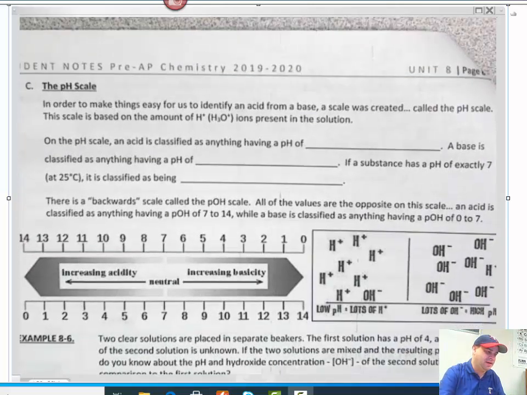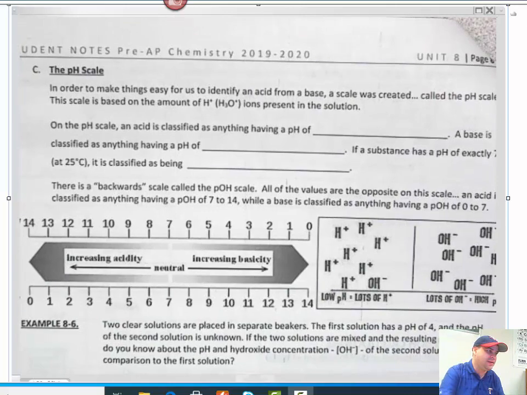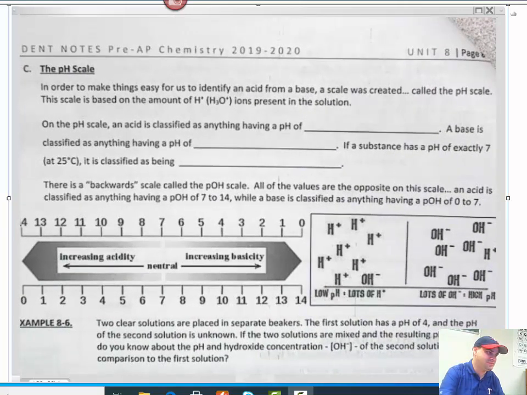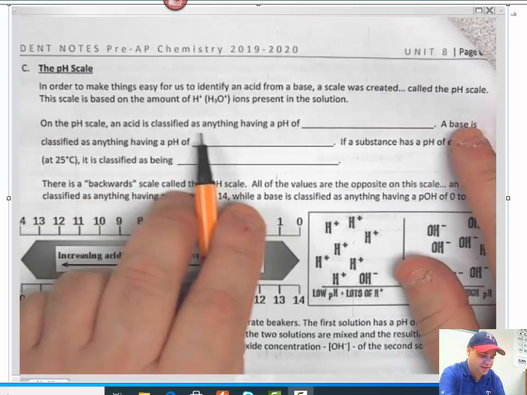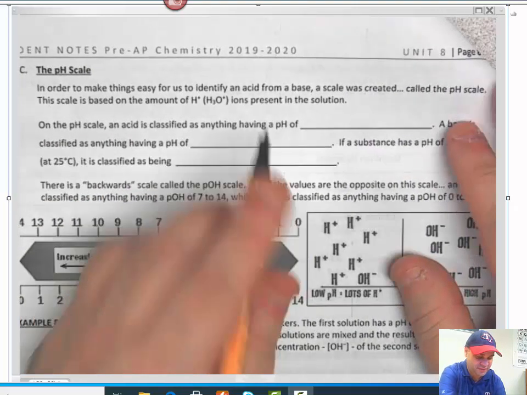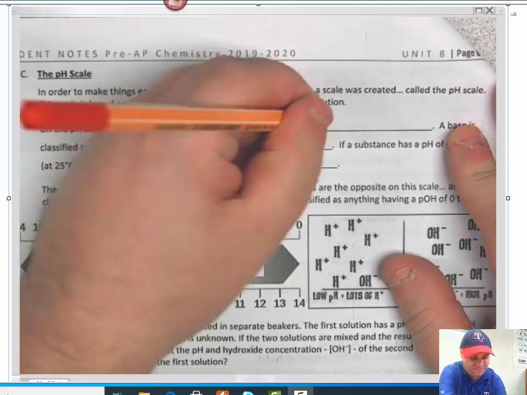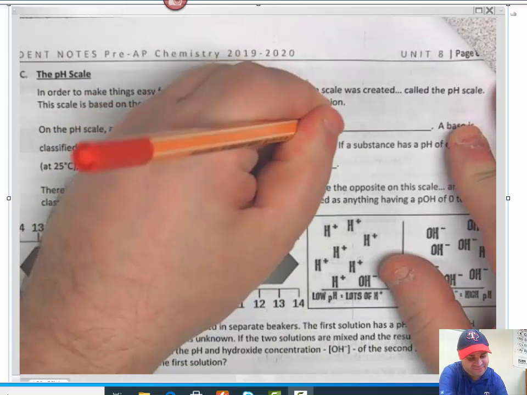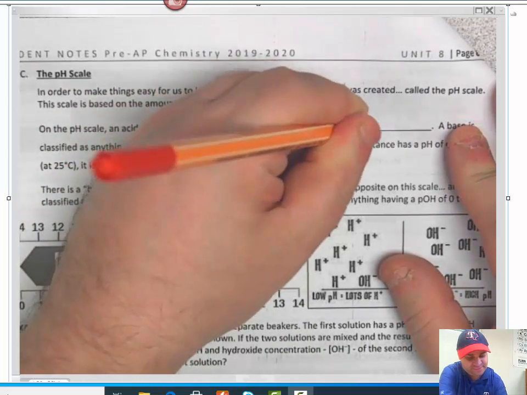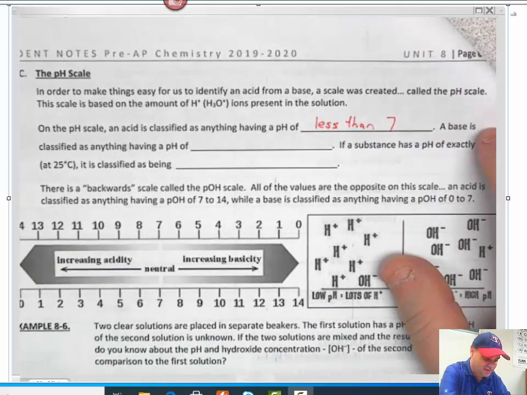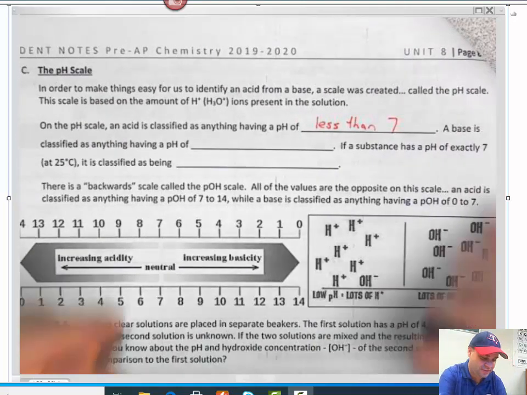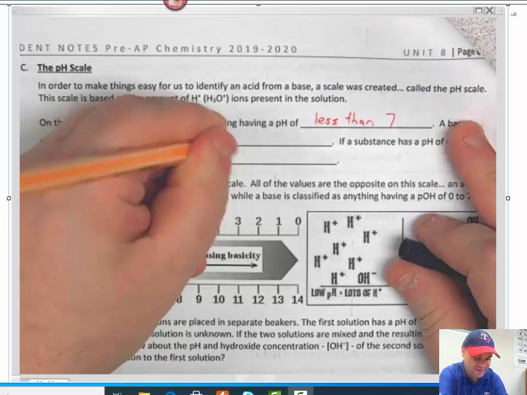The pH scale, which I kind of went over. On the pH scale, acids classify as anything having a pH of less than 7. A base classifies as anything having a pH of more than 7.